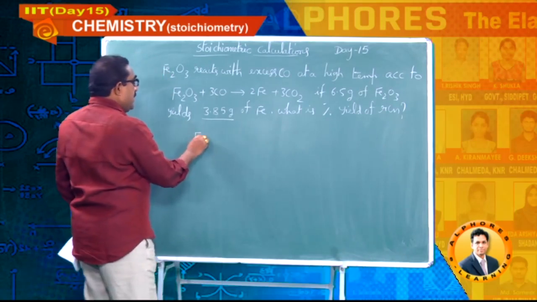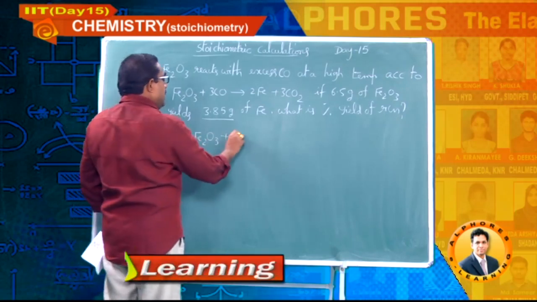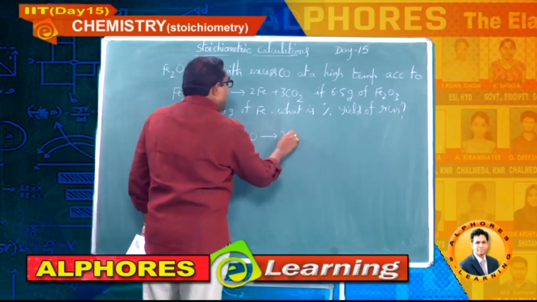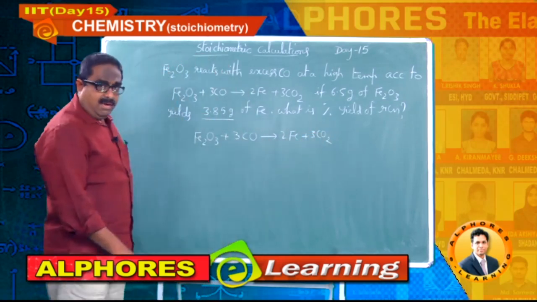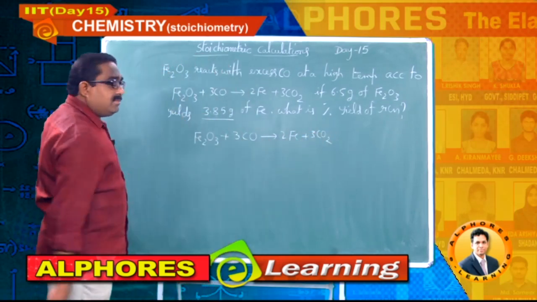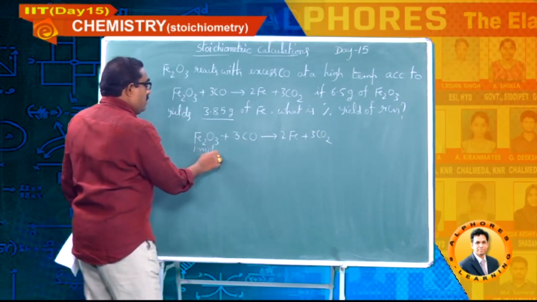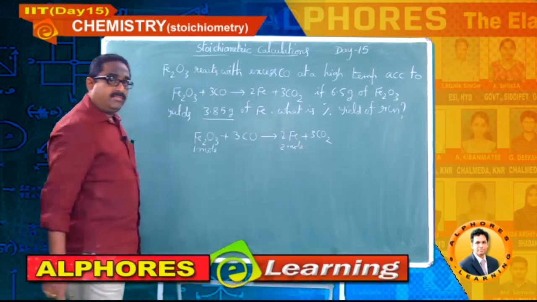I am repeating the balanced chemical equation once again: ferric oxide on reduction with carbon monoxide is reduced to iron, liberating carbon dioxide. Simply, I can write 1 mole gives 2 moles here.